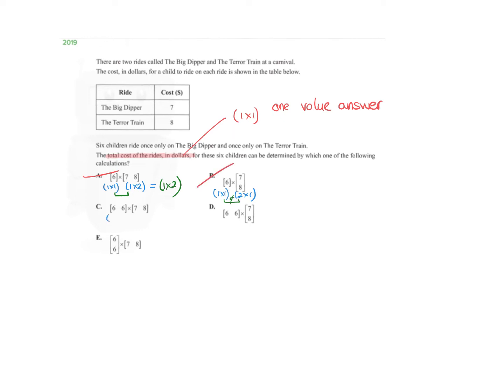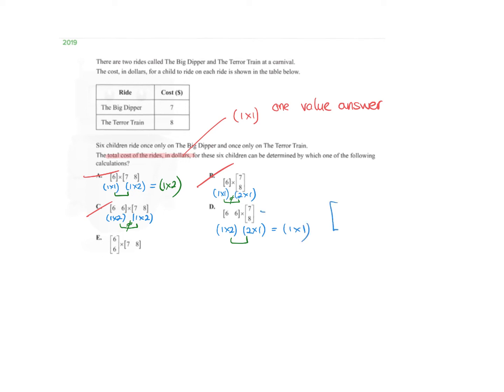The next one is a 1 by 2 with a 1 by 2. Is that defined? No, that one's not defined, so we'll get rid of that one. And then what about this one? This is a 1 by 2 with a 2 by 1. Is this one defined? Yes. And what will it give my answer? A 1 by 1. Good. So let's have a look.